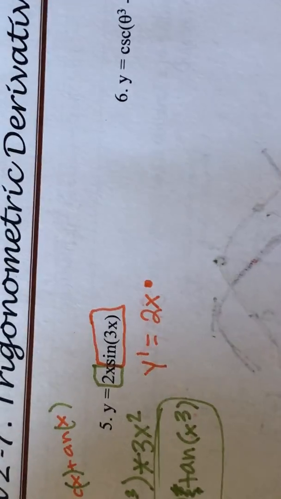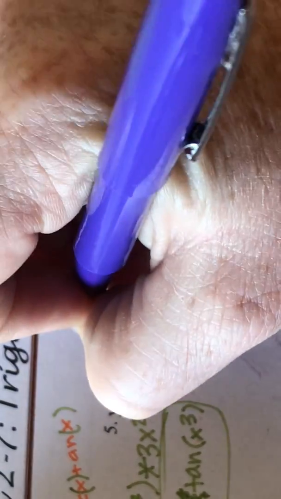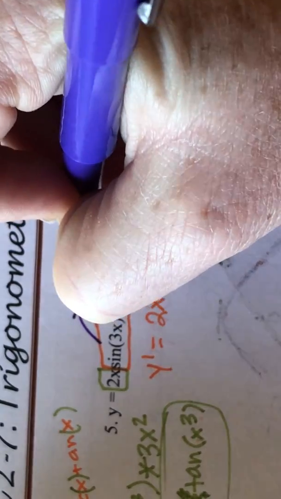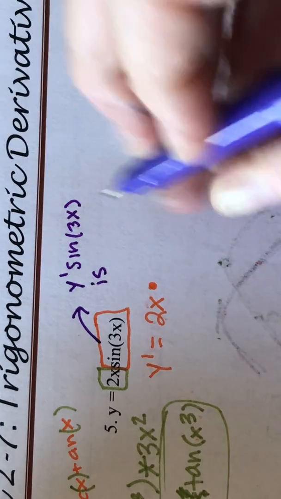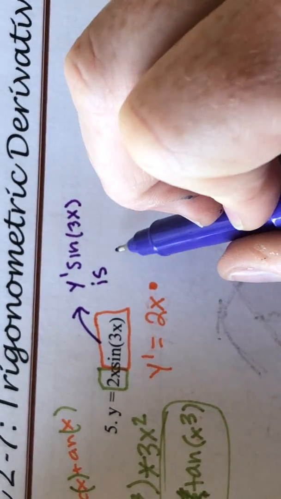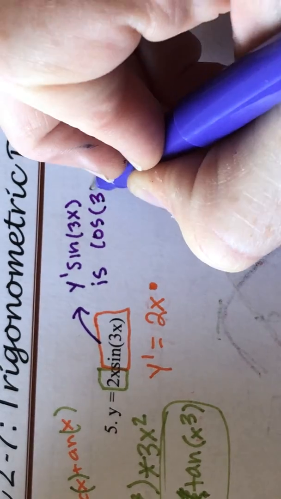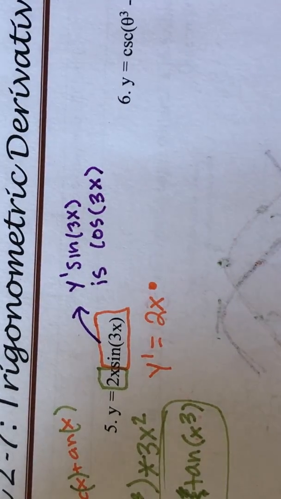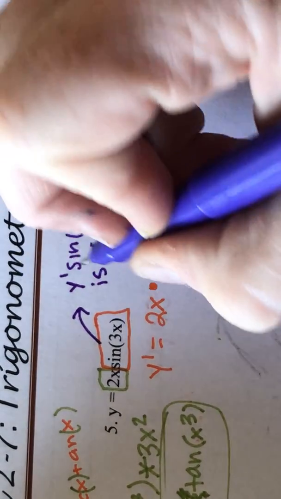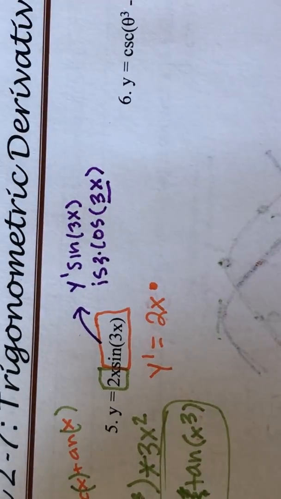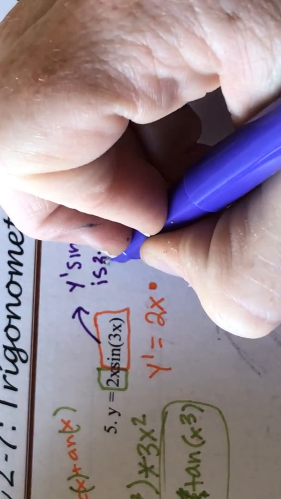Okay, so the derivative of sine 3x is, well, the derivative of sine is cosine, so cosine 3x, and then chain rule times 3. So this would be 3 cosine 3x. Okay?